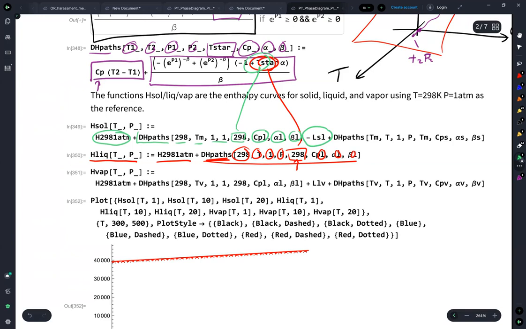I then have the latent heat, and now in the solid, because I used S's, I'm integrating along the path from T melt, pressure 1 to the new pressure.